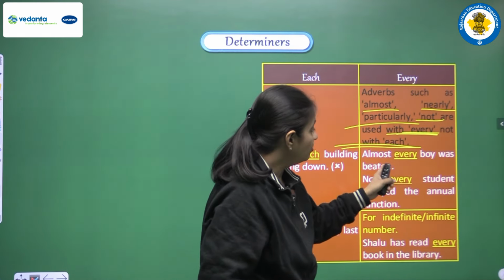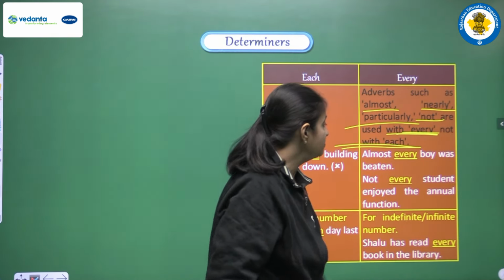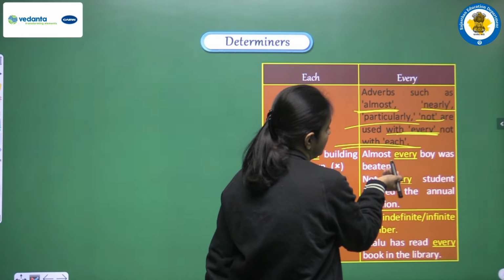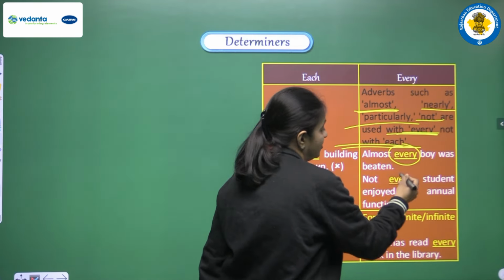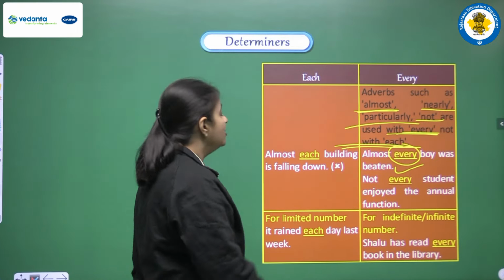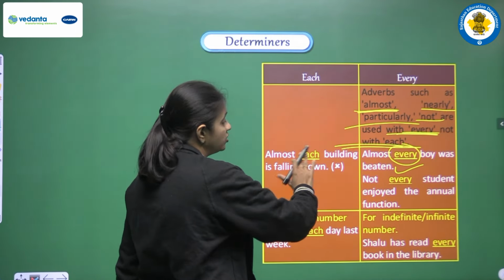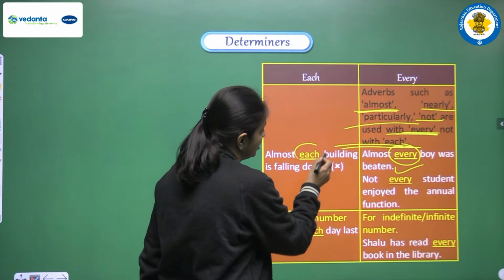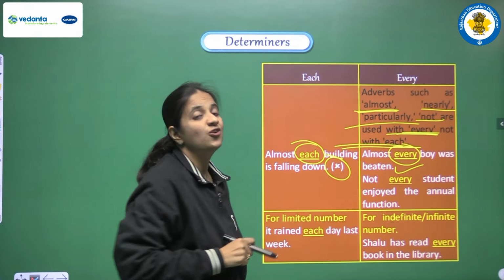We are having almost blank boy was beaten. So in this list we are having almost, and this is the reason after almost we are using every. So this is the right answer. But suppose we are having almost each building is falling down. So almost के बाद अगर हम each का use कर रहे हैं, so this is wrong answer.